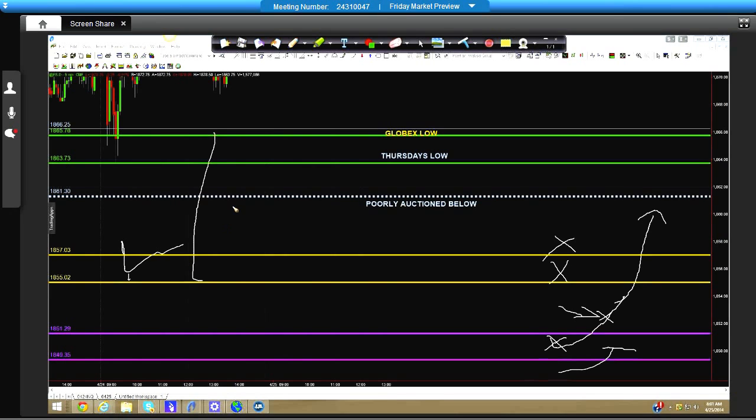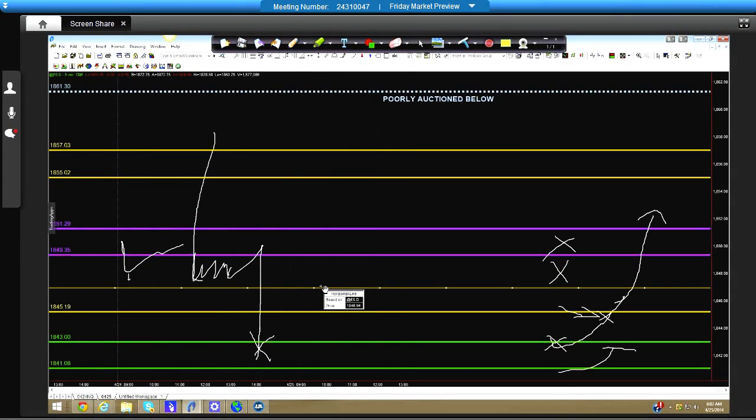So we could simply get a pause here or a very quick bounce and then break and come on down to this 1849, 1851, which is the first area where we actually have it pretty decently auctioned. I'll cover that in just a second, but I am a buyer here. Below, keep looking lower.